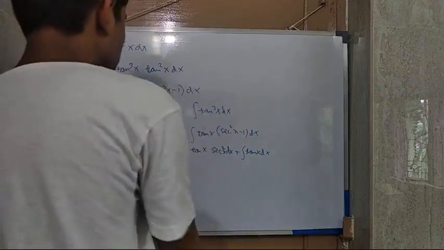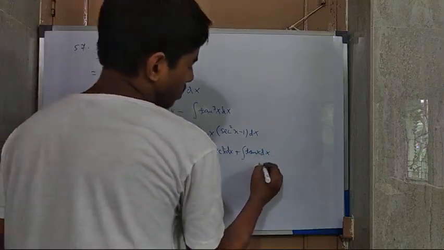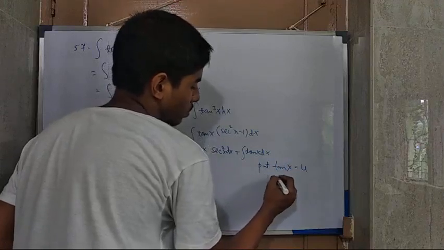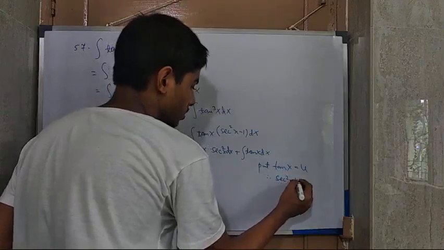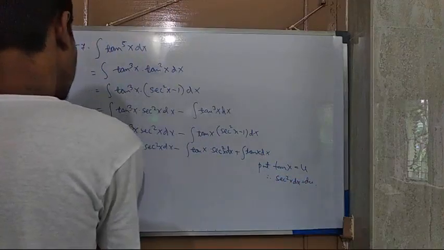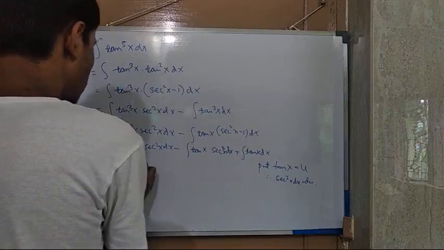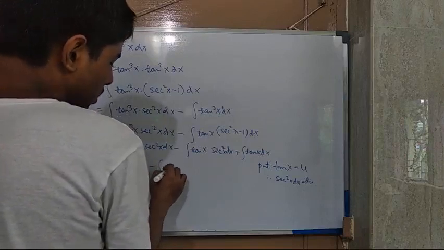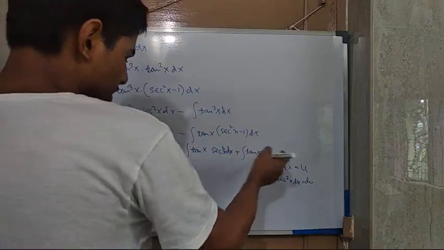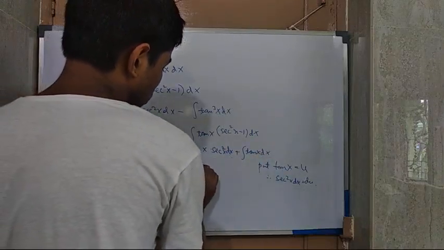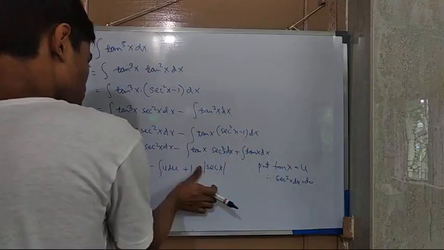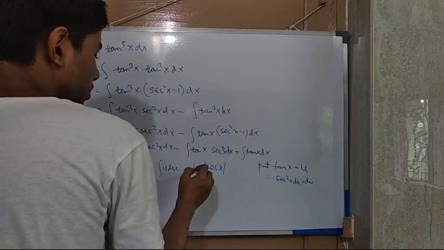So now this is very easy. Put tan x as u, so sec square x dx will be du, and this becomes integral u cube du minus integral u du, and this can be integrated linearly, plus the integral of tan x, which is log of sec x.